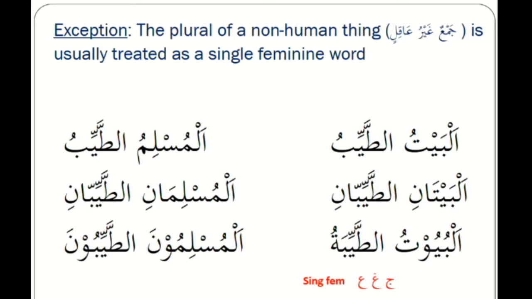Your aql is your intellect. Ghayr aqil means doesn't have an intellect. So jam' ghayr aqil means the plural of a thing that doesn't have an intellect. It's a whole philosophical discussion. I'm not going to get into it.